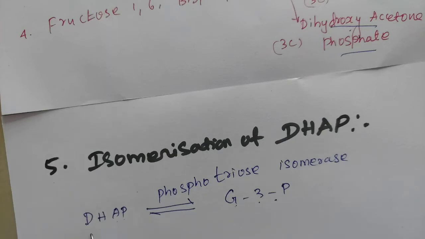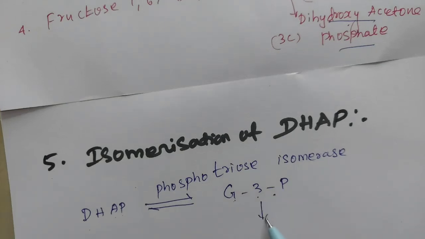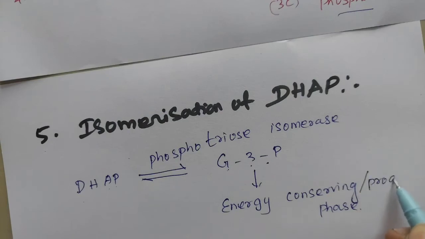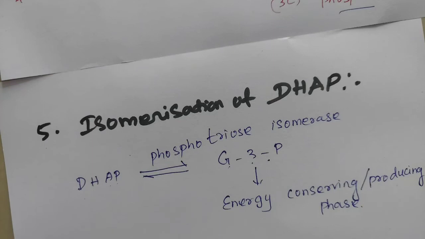Now this glyceraldehyde 3-phosphate will enter into the next phase, the third phase of the glycolysis, the energy conserving phase, or we can call it the energy producing phase, where we obtain the ATP molecules that were consumed in the first phase, again released during the third phase of the glycolysis.